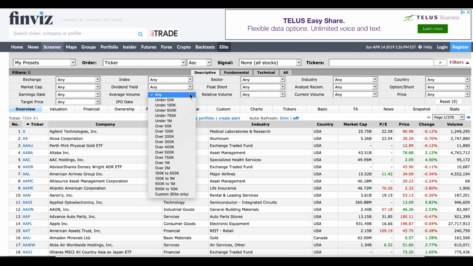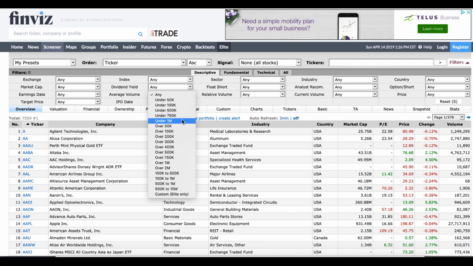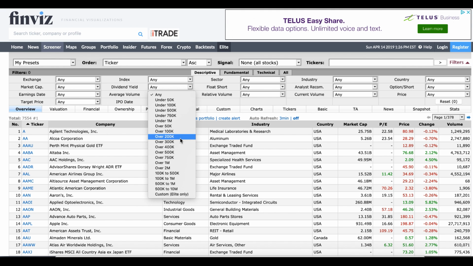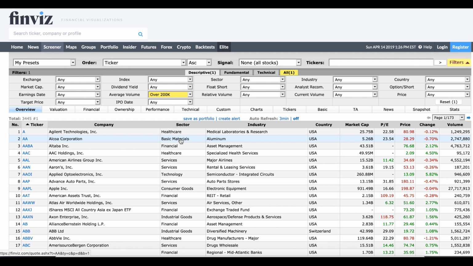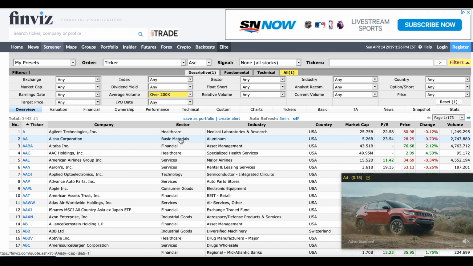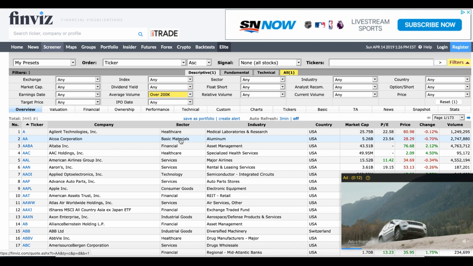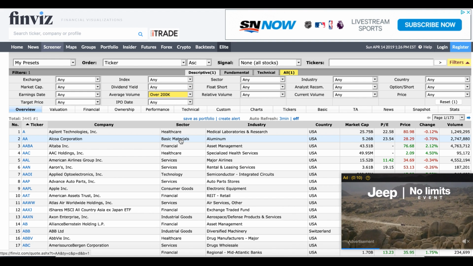So some of the things I'm looking at here is average volume. I don't really like to trade stocks that trade much less than, say, 200K. If you're in a stock that's trading 1,000 shares a day, you might be the only buyer, and in which case, liquidity is not going to be great.